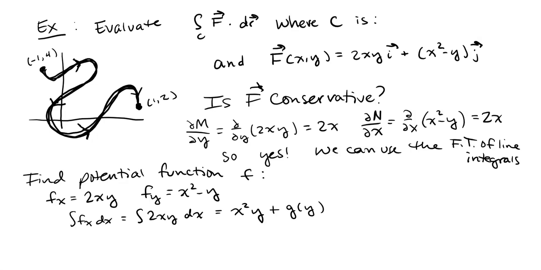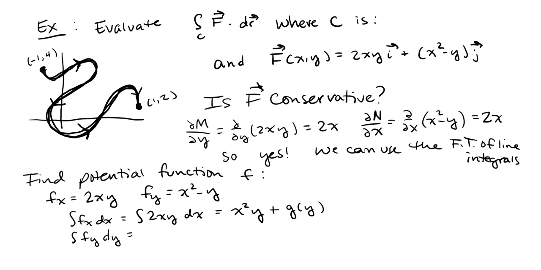And then we need to do the same thing with f sub y. We could also alternatively take the derivative of that function we just got with respect to y and compare it to the f sub y. But I'm going to do it the other way for this example.